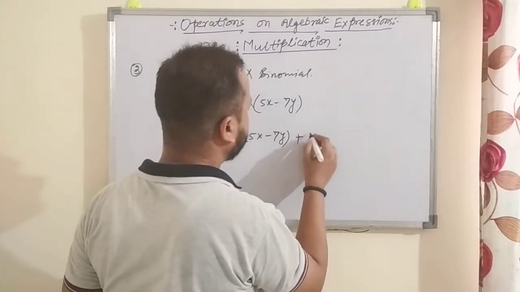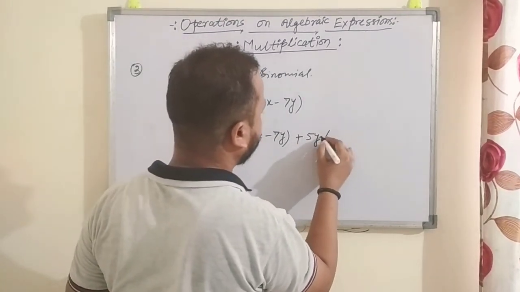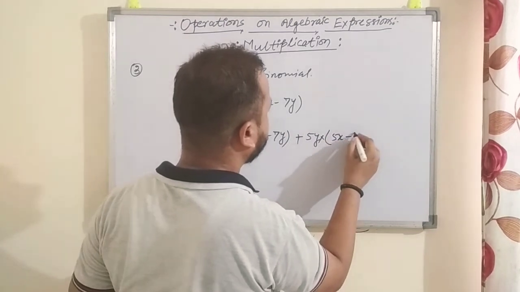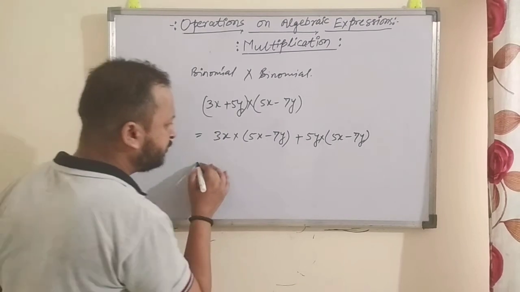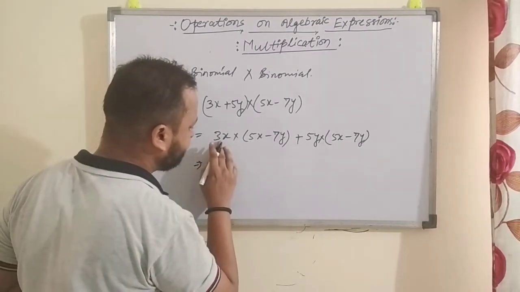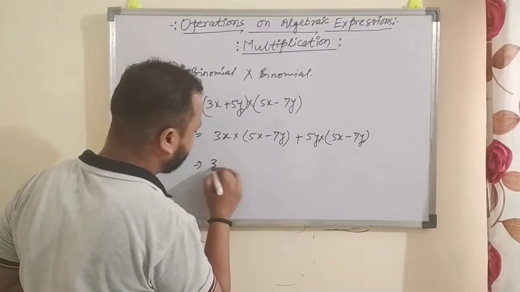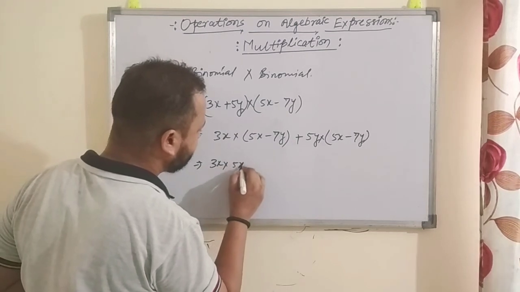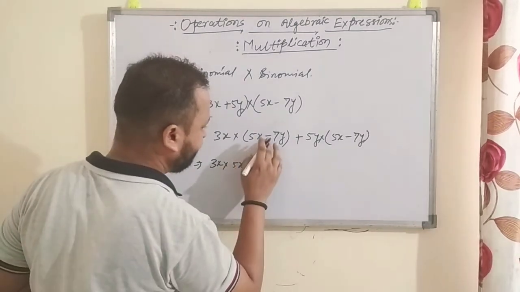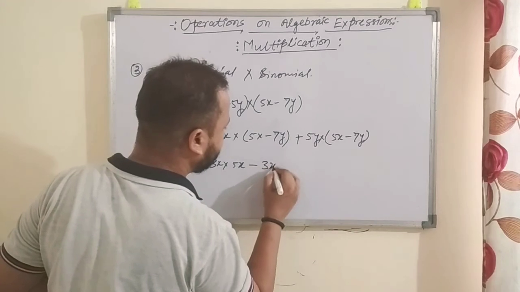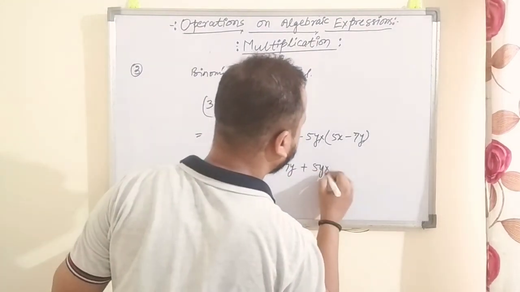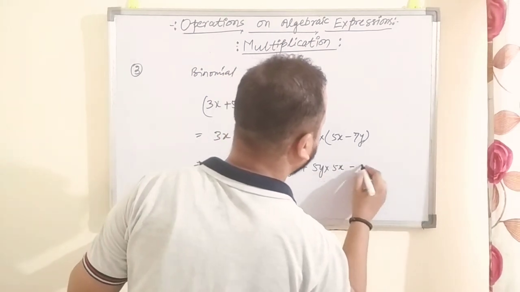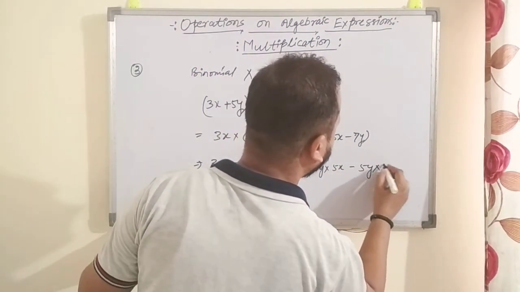And then plus 5y is being multiplied with 5x minus 7y, right? So now again apply this distributive law. So 3x multiplied with 5x minus 3x multiplied with 7y, because the minus sign is here, plus 5y multiplied with 5x minus 5y multiplied with 7y.